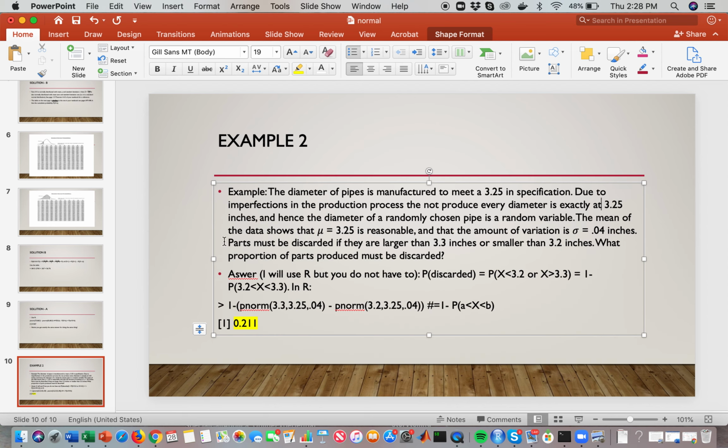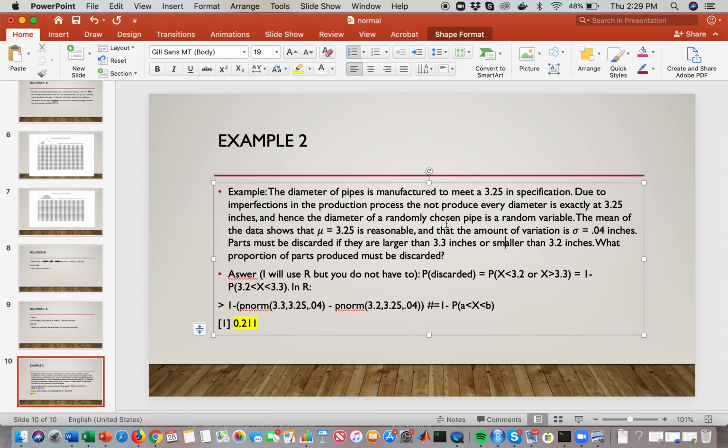The mean of the data being 3.25 inches is reasonable. So if you were to take a sample of your data and have an average, it'd be roughly 3.25. And there's some variation, which is 0.04. Now, if you produce a part that is 3.35 inches and your customer asks for 3.25 inches, well, that part wouldn't be very useful to your customer.